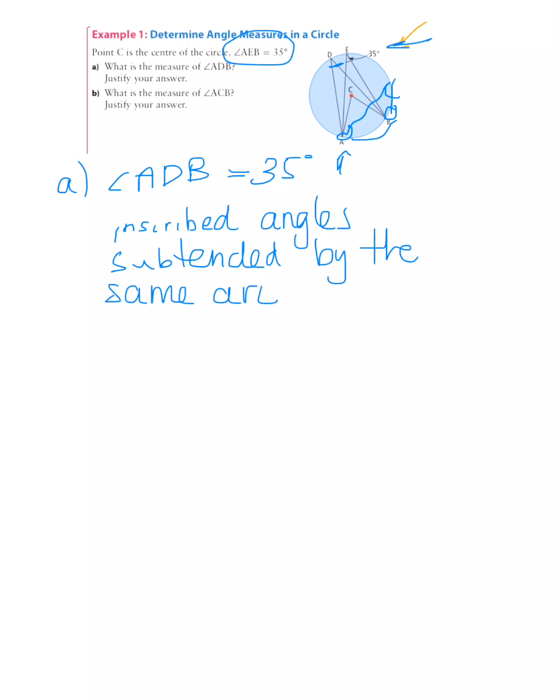All right, now part B, the measure of ACB is what? So ACB, if we look at our drawing here, is actually the central angle. So it's the central angle, but it's still subtended by the same arc.